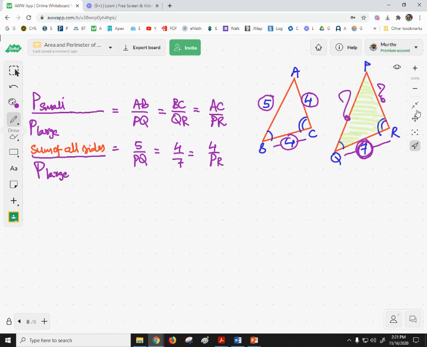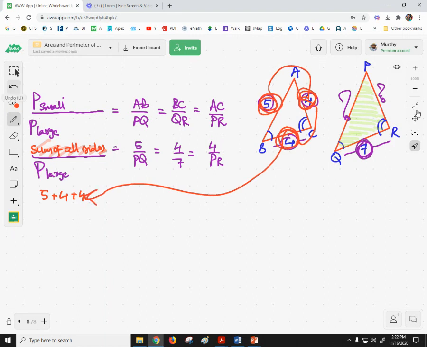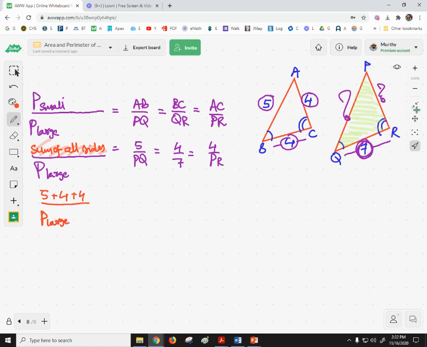Now let's compute the numerator part, which is the sum of all the sides of the small triangle, which is 5 plus 4 plus 4. Again, I'm repeating, these sides are taken from here to find the perimeter. So 5 plus 4 plus 4 over the perimeter of the large triangle equals, can I take this one?